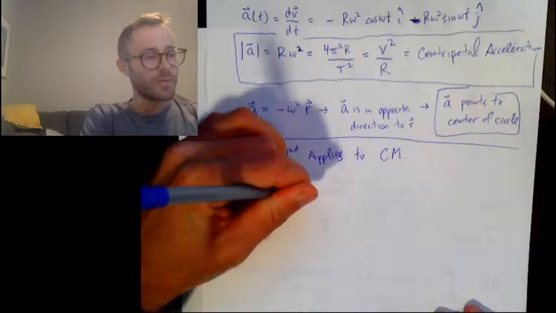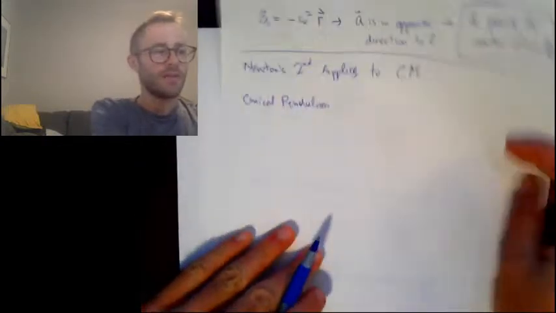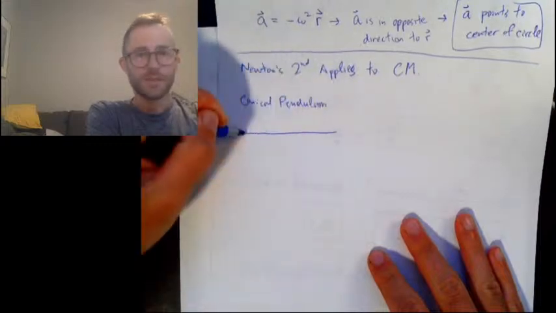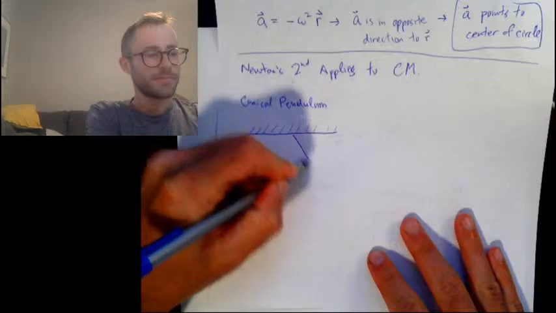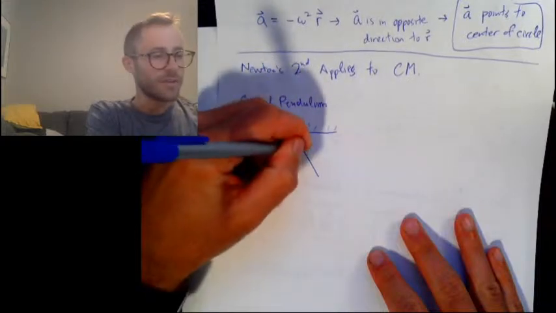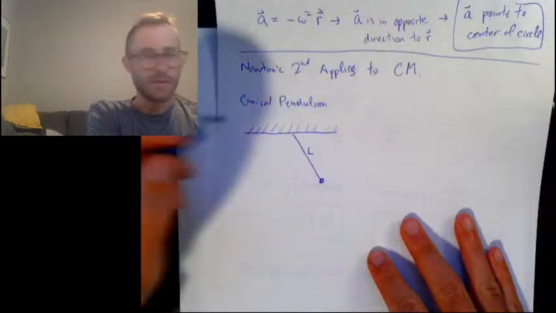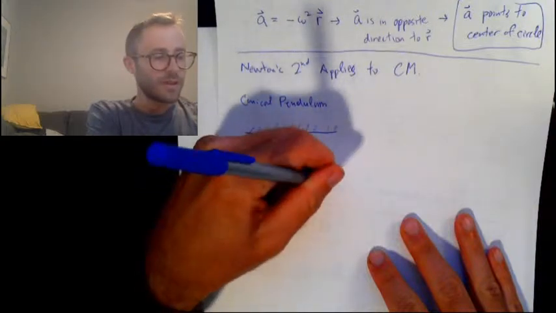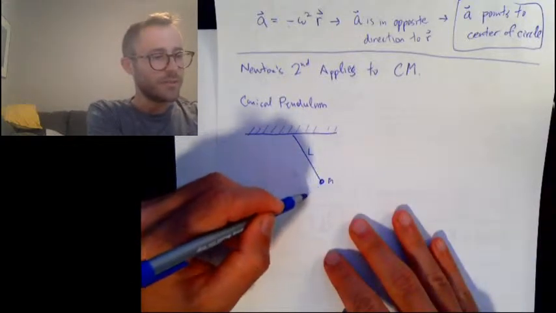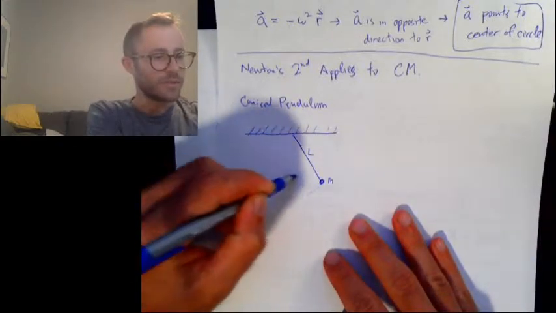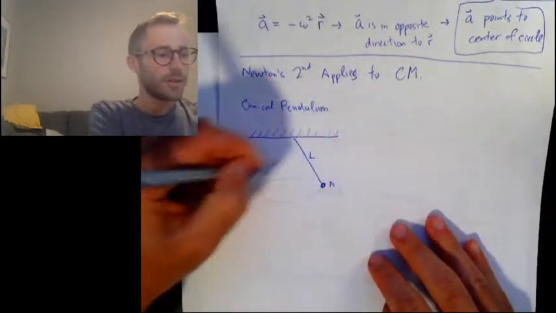So what is a conical pendulum? We have a ceiling, and we have a string. The string has a length L. On the end of the string is a bob of mass M, and the mass is moving in a circle, so it's basically sweeping out a cone.